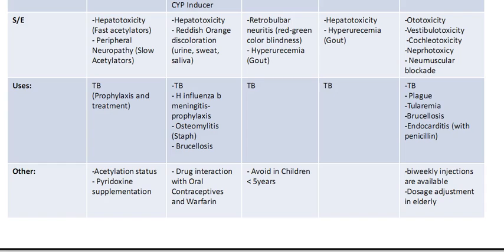And the reason is INH is known to inhibit the synthesis of pyridoxine. And this could lead to pyridoxine deficiency, which in turn leads to peripheral neuropathy. One thing you should be very clear about is that pyridoxine is vitamin B6, and to overcome this peripheral neuropathy, prophylactically it always comes in combination with pyridoxine.